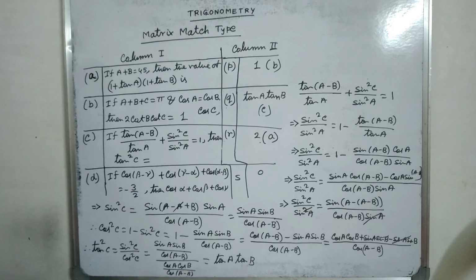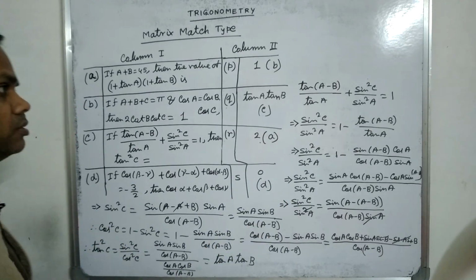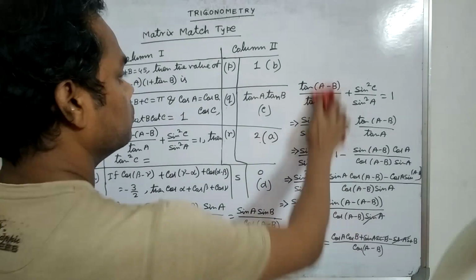So it is obvious that the rest of the terms, that is D, option 0, is not due to this sum.